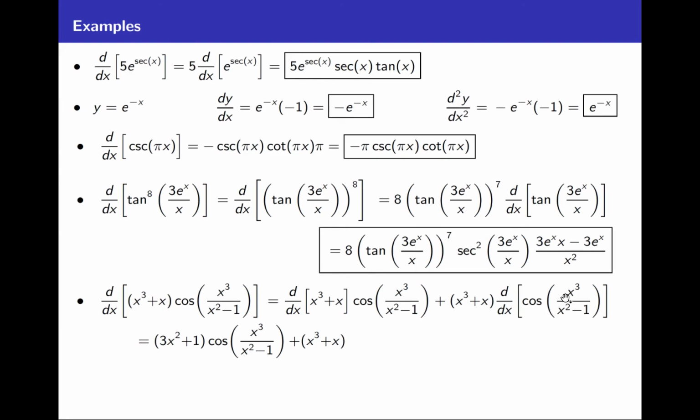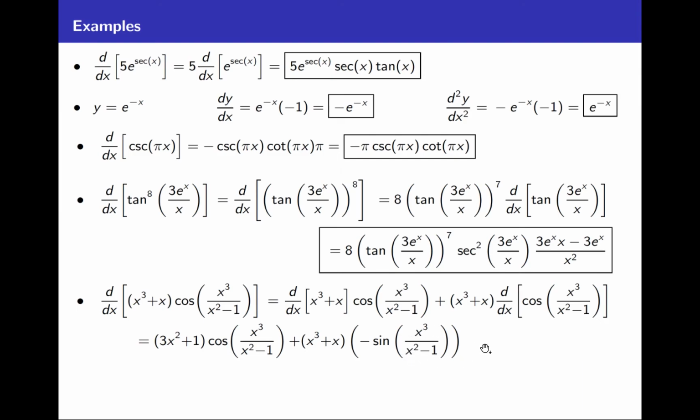and now we have the derivative of cosine of the function x cubed over x squared minus 1. This is a composition. It's cosine of this function. So to find this derivative, we have to use the chain rule. We first differentiate the function cosine, which is negative sine. We plug in this inside function into that derivative right there.